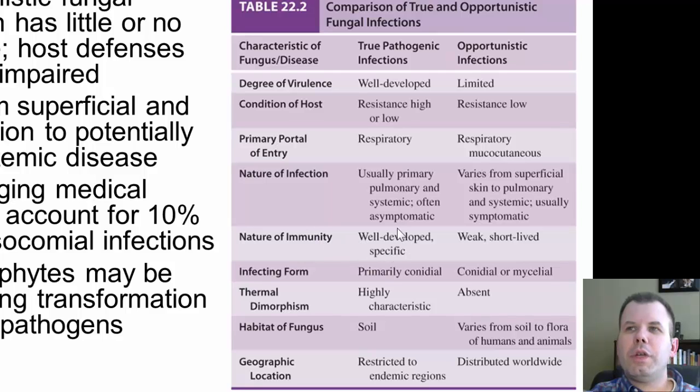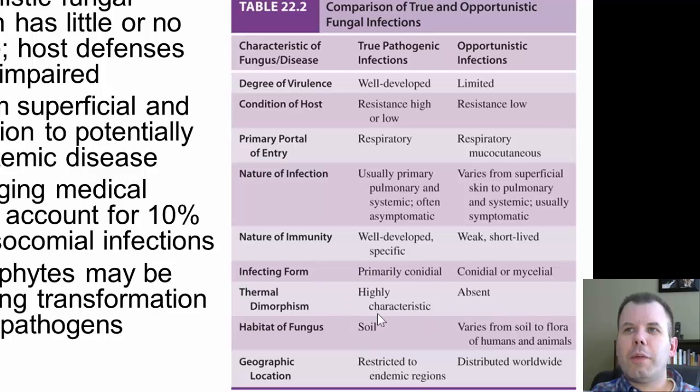Again, the nature of immunity, well developed and specific. This is going to have a weakened immunity because, again, the immune system is down. Infecting form is going to be conidial, or again, typically the yeast form, versus some of these can be the furry pathogen and get in, again, to the opportunistic.